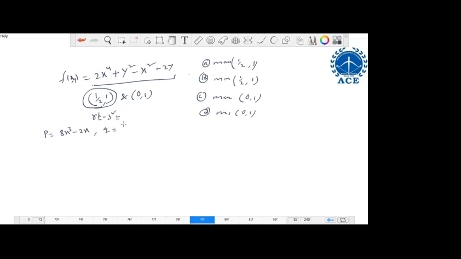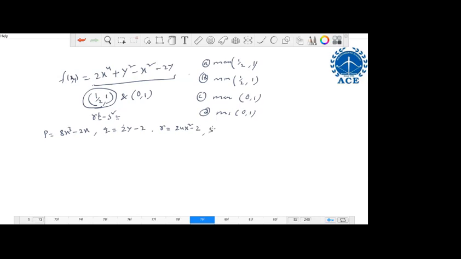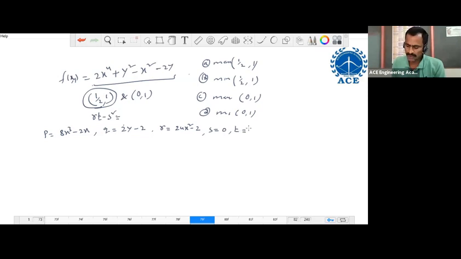Q equal to fy, with respect to y, is 2y minus 2. Next, R equal to fxx, 24x square minus 2, S equal to 0, T equal to fyy, 2. At least are these correct?